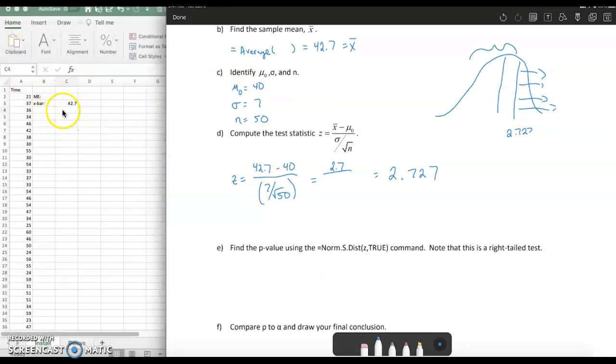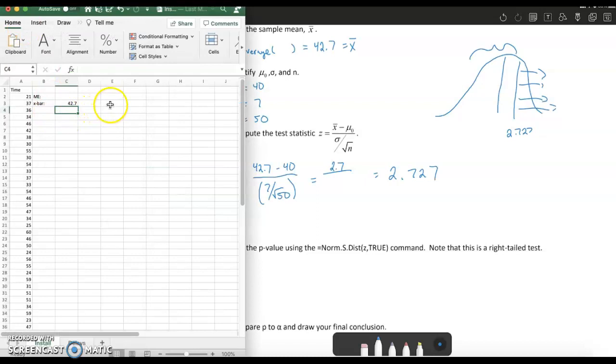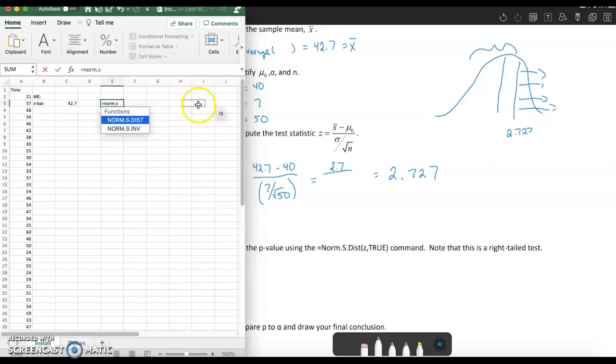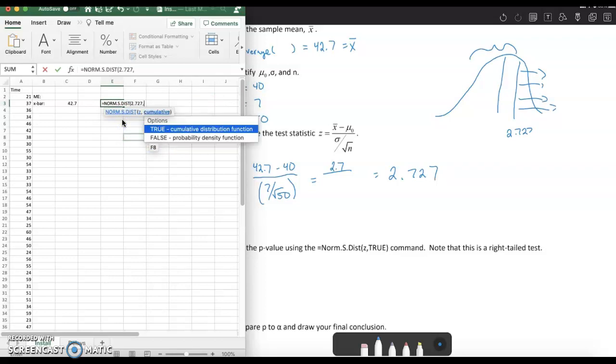Okay, so when we calculate, I'm just going to do it over here. We're going to do equals norm.s.dist. The z value we got was 2.727. We always say true here because we want the cumulative area, not just one value, but the whole area under that curve.